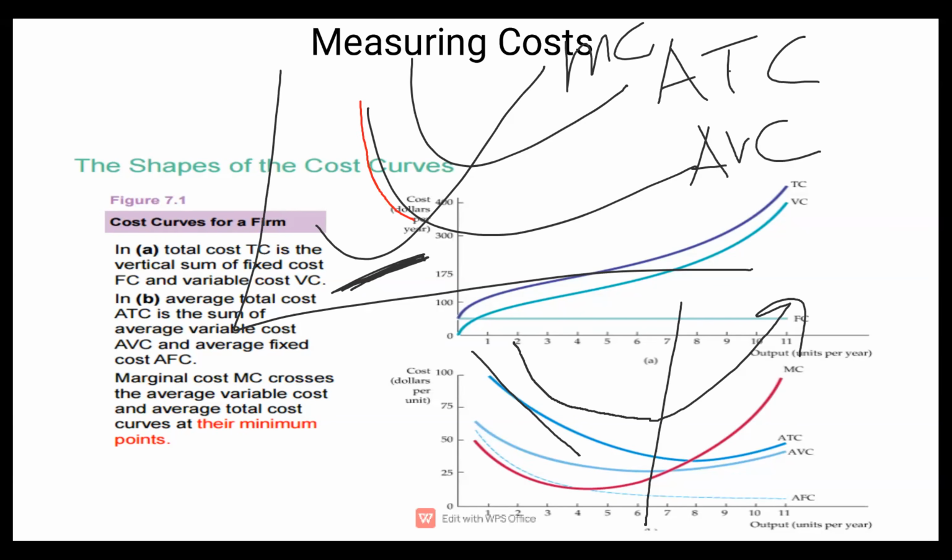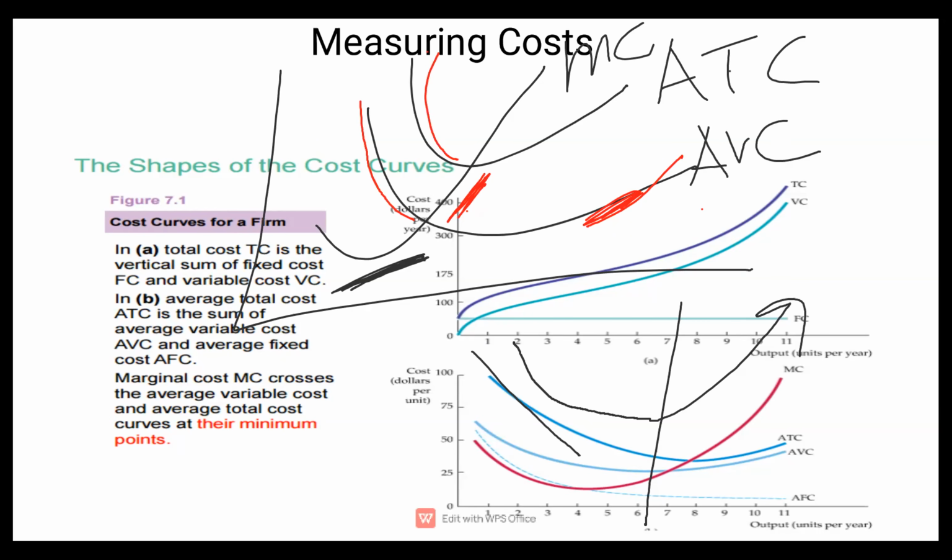But immediately the marginal cost crosses the average variable cost, it starts pulling the average variable cost upward. Once the marginal cost is above it, it will pull it upward. Likewise, when the marginal cost is still below the average total cost, it will be pulling the average total cost downward.